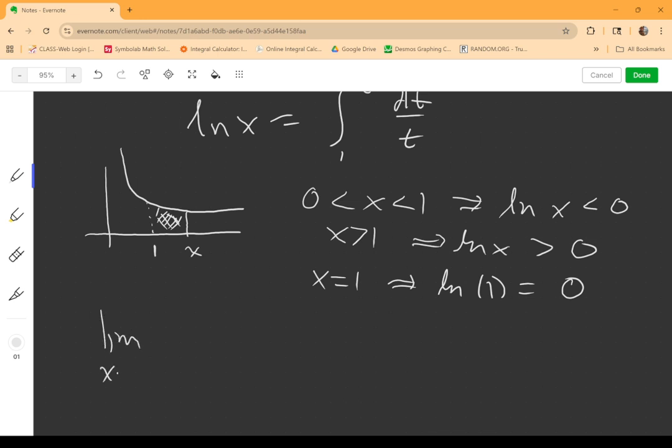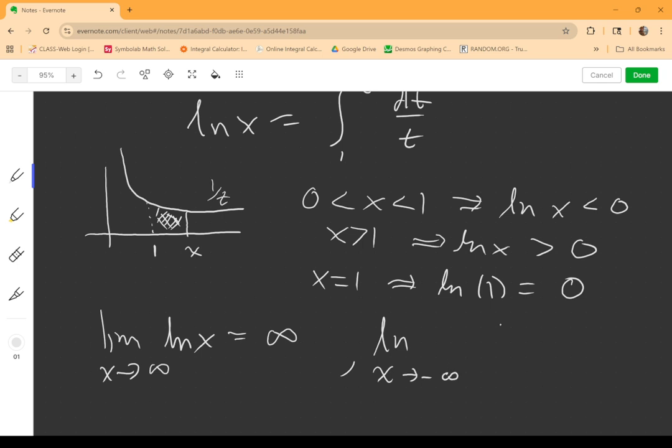The limit as x goes to infinity of the natural log of x, right? Now, 1 over t never attains the value of 0. There's always some positive value that we're adding on here, so the ln value is going to go to infinity as x goes to infinity, very slowly, but it will eventually get there.